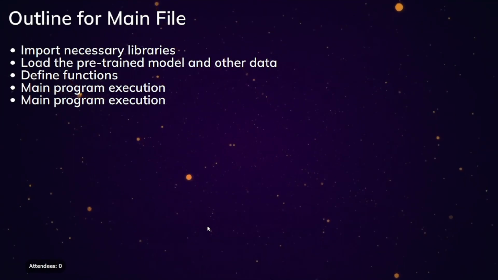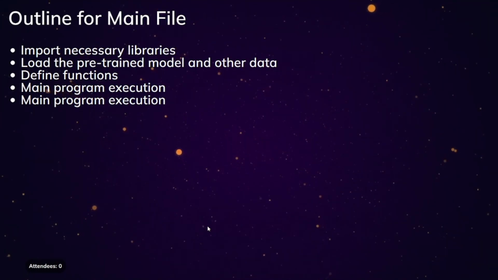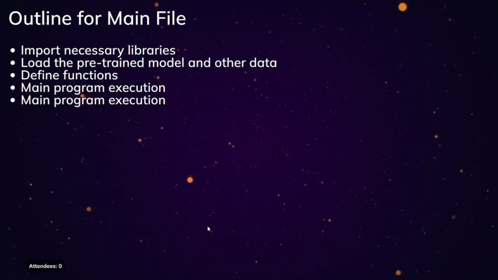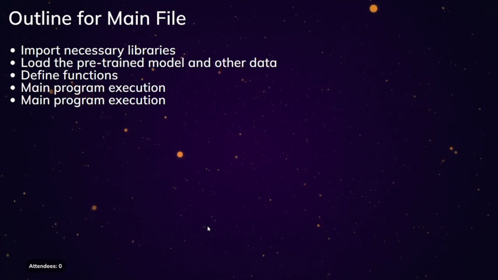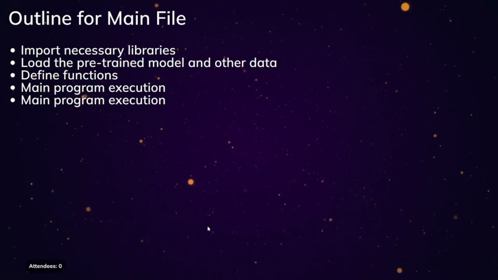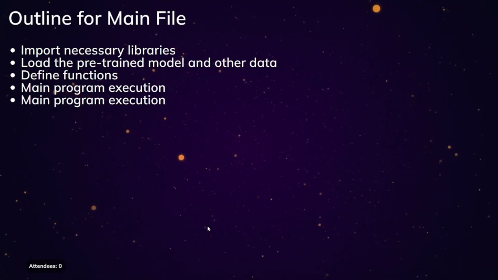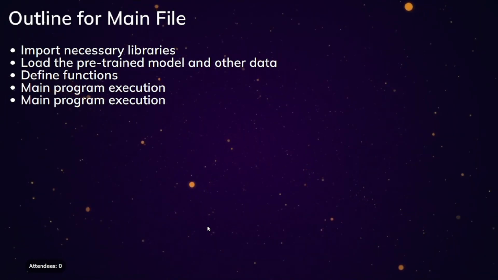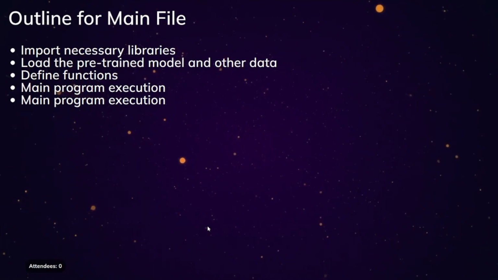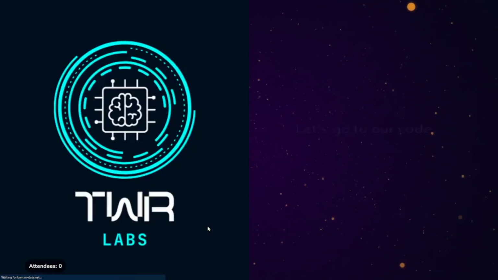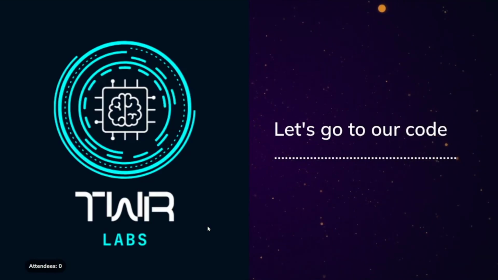So then at the end we'll be doing our main program execution. We'll be doing a while loop for the execution, and then all those things will be done. So that's very simple, and we'll be coding it right there. So please stay tuned.